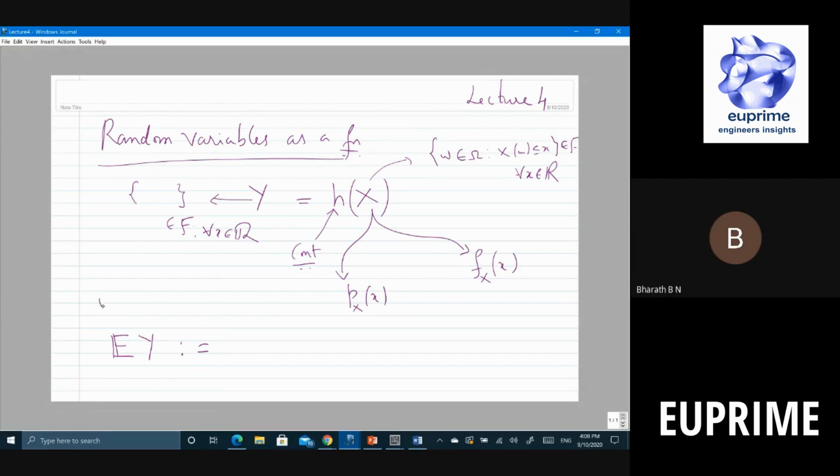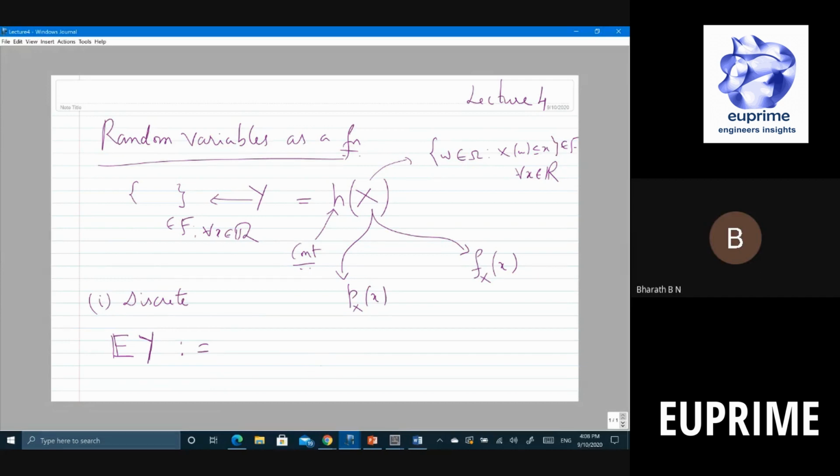Now, how do you compute the expected value of y? Let's assume the first case, which is discrete. If you were to find the expected value of y, how do you find it? Any idea? First we have to define the PMF of y.